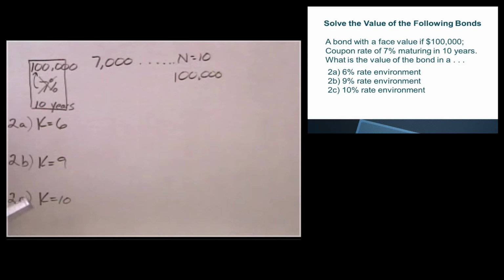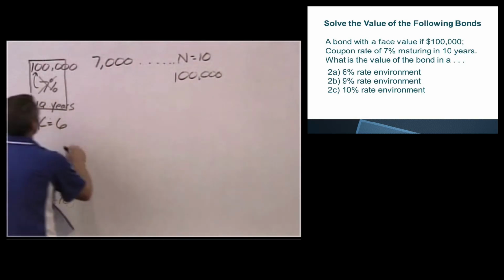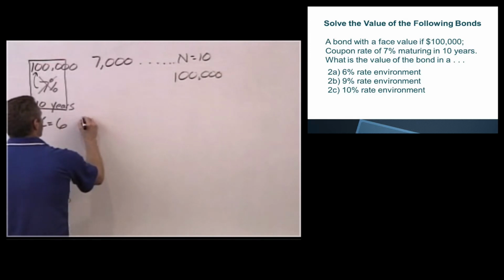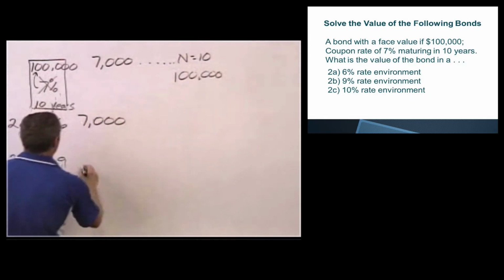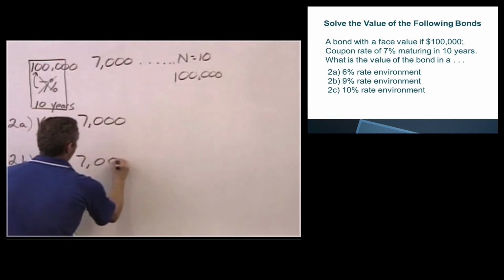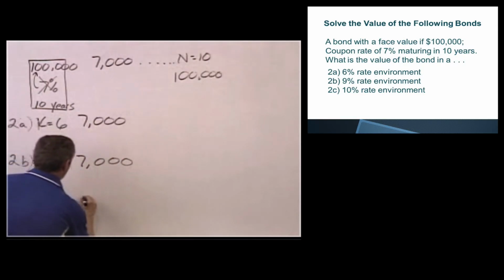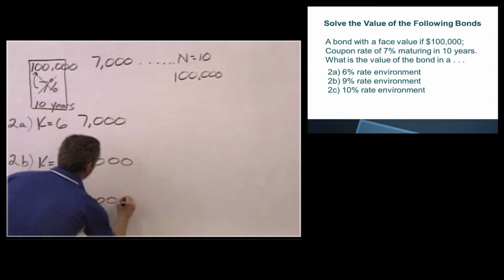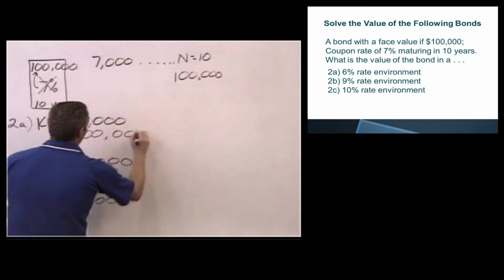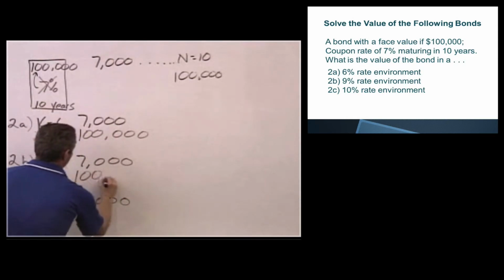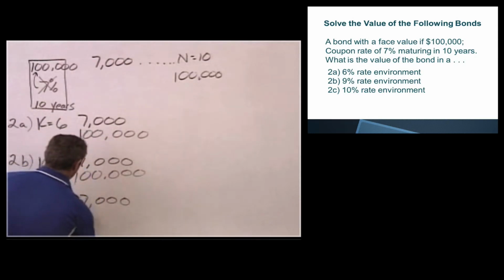I don't want you to be one of those. So what we're going to do is we've got the two things that we're getting. Once again, the bond always pays $7,000 in interest. That's fixed. You're always going to get back your face value at maturity, your $100,000.